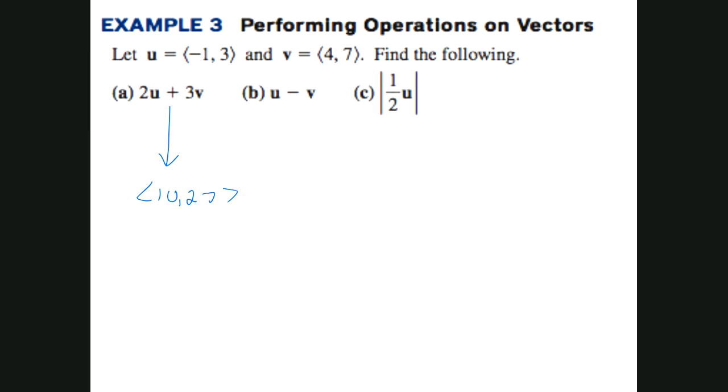How about u minus v? What would we get there? Caleb, are you okay with the 10, 27? All right, -5, -4, I agree.